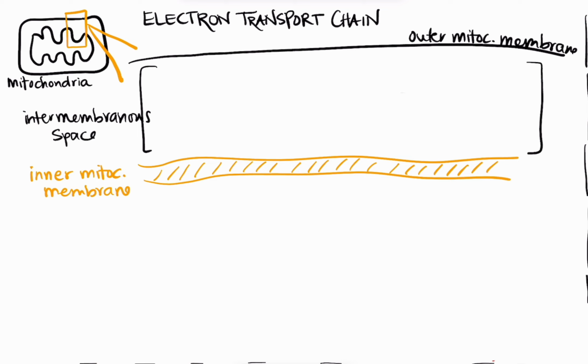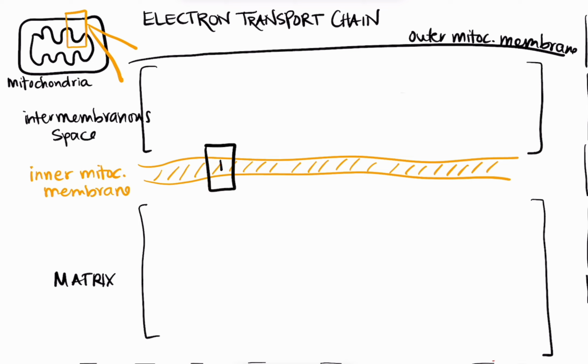In this drawing then, the whole bottom image is going to be mitochondrial matrix, the innermost portion of the mitochondria. So we draw this positioning out because the electron transport chain spans the inner mitochondrial membrane.